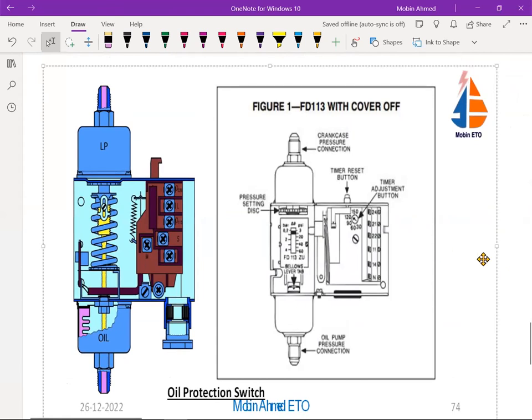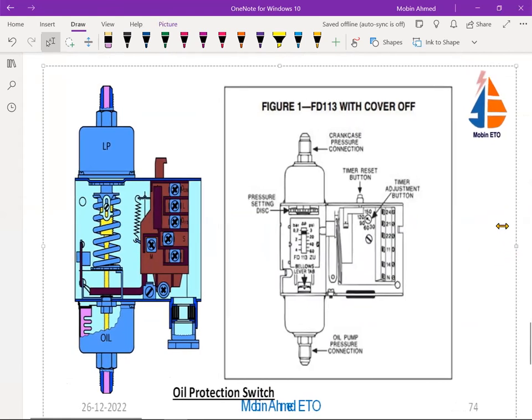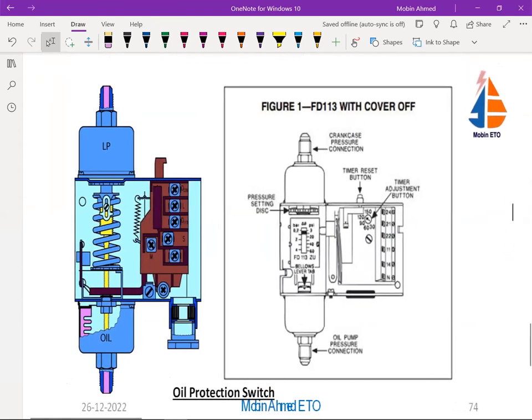Now here you can see the LP that is coming in this side. This is the LP that is coming, whereas on this side the oil pressure is given. Now, if the difference read between these is less than 1 bar, these contacts are going to operate.